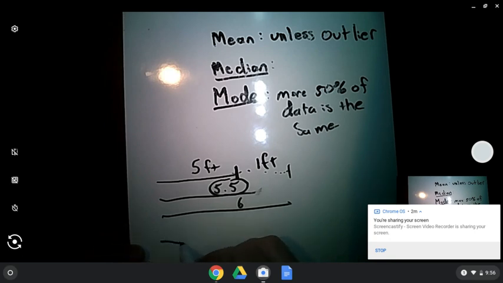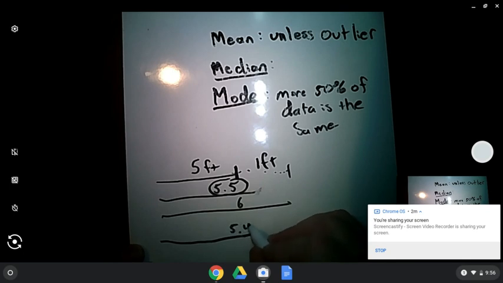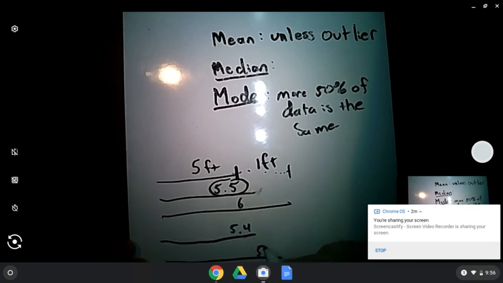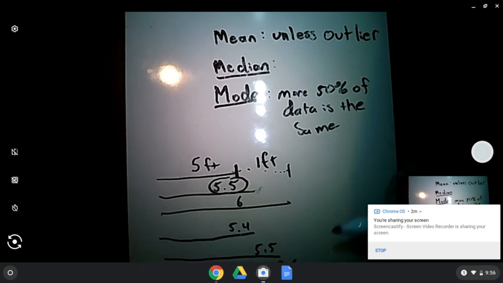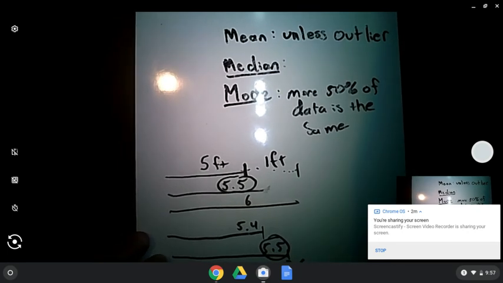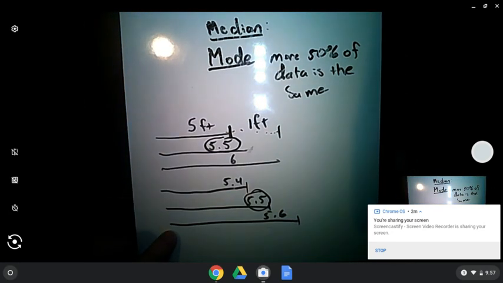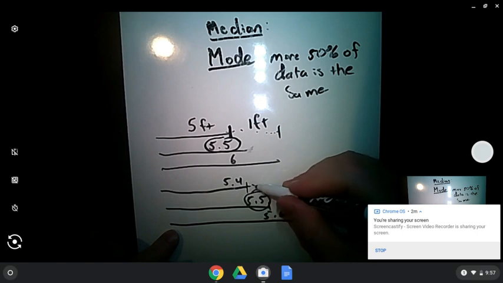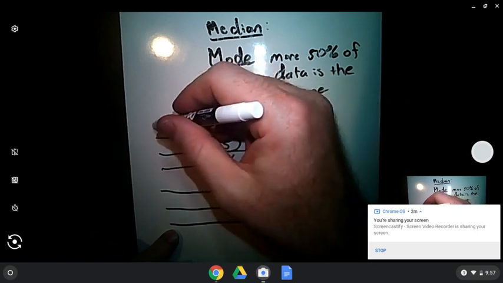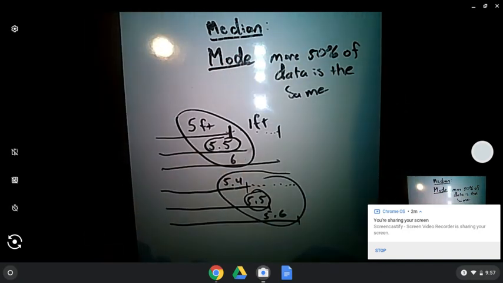Well, you could have 3 people also. Remember, this one was 5.4 feet tall, 5.5 feet tall, 5.6 feet tall. Well, if you look, the middle number is still the same. The average, the median, everything is still the same. But our range is way different here. We would say these guys are all much closer in height than these guys.